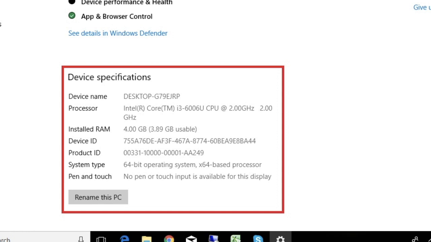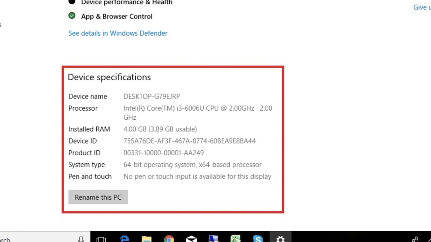What's written on the processor, please? Someone can volunteer to read it for us. Okay, for the processor, I'm seeing Intel Core i3-6006U CPU at 2.00 GHz.